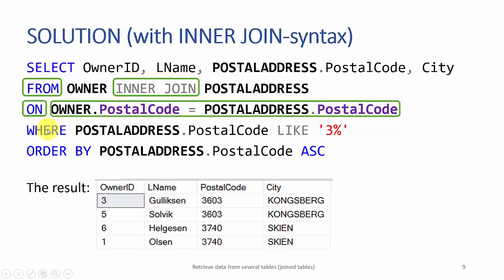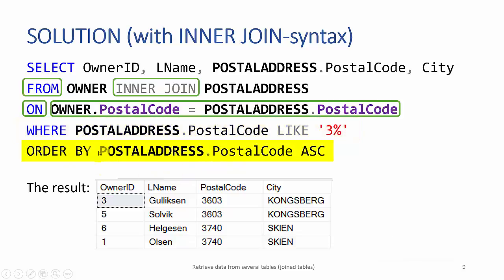And the other conditions, now we haven't used where. I said we could only use where once in a query, but here we have used the other syntax, and then we specified on instead of where. So now we can use where one time. But if we had more conditions, then we would have to add these with more and operators.